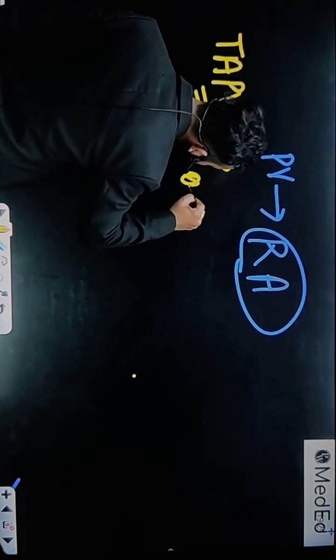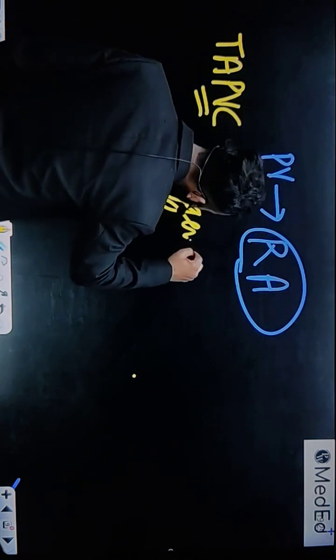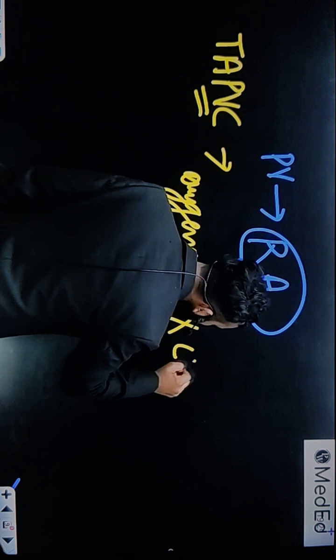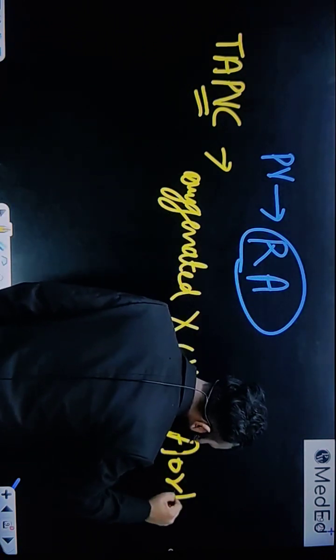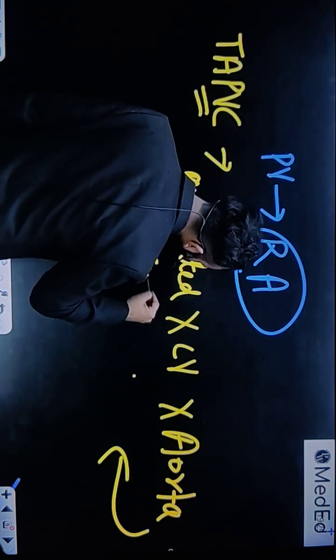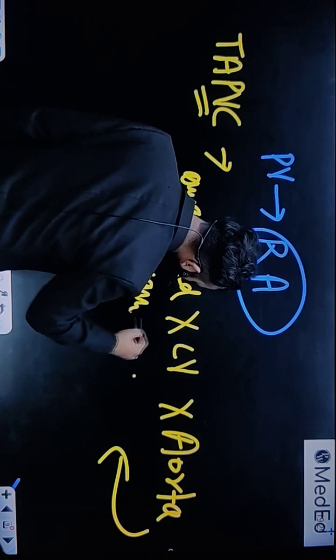So when this oxygenated blood is not going into the left ventricle and not going into the aorta, in that case the child will present with cyanosis.